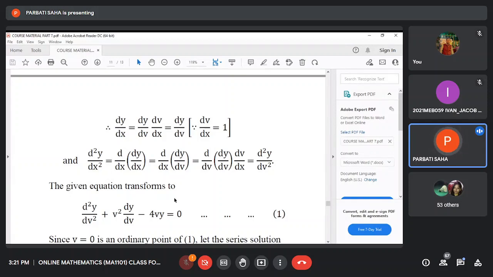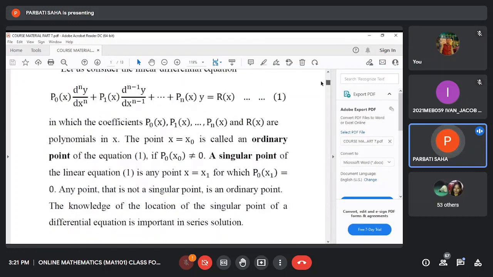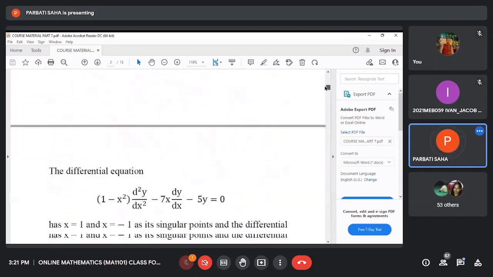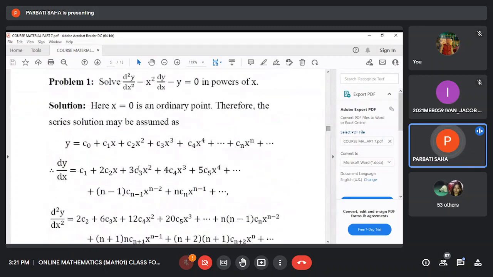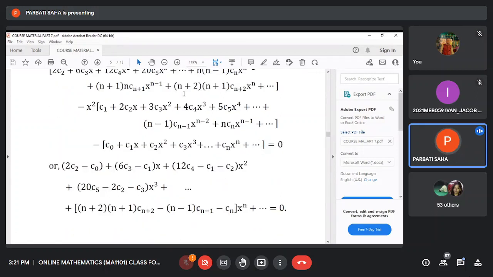Either you may use summation symbols, or you may write down the series explicitly, and then you can compute dy dx, d2y dx2, etc. Then put the values here, and then you follow this method. You just decide what you will do.